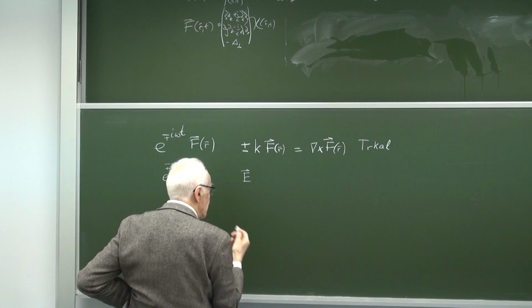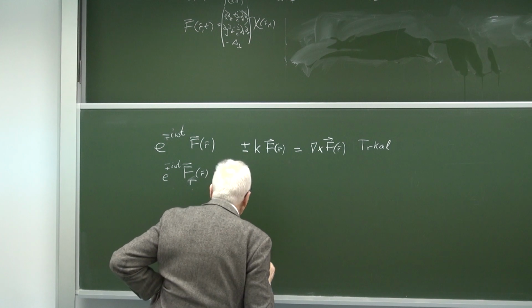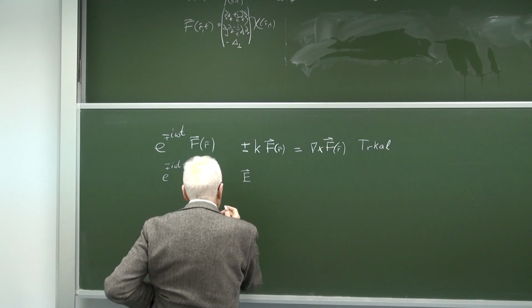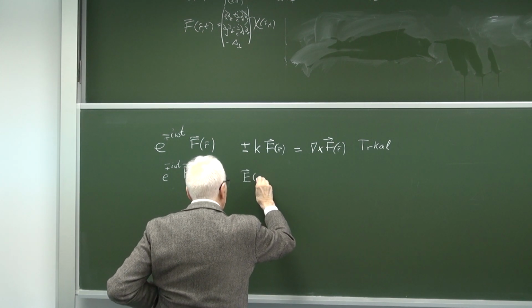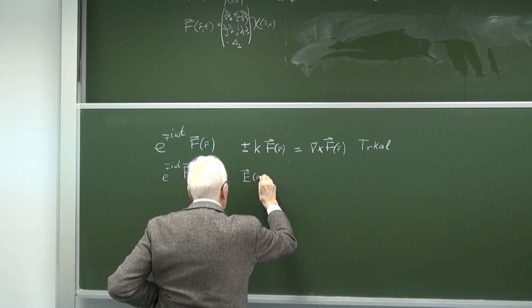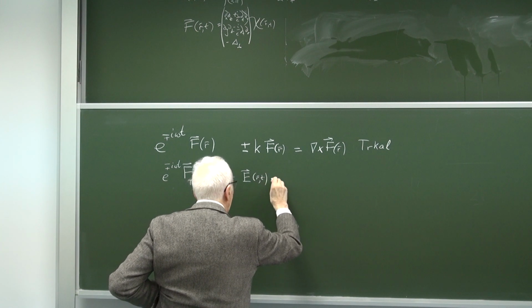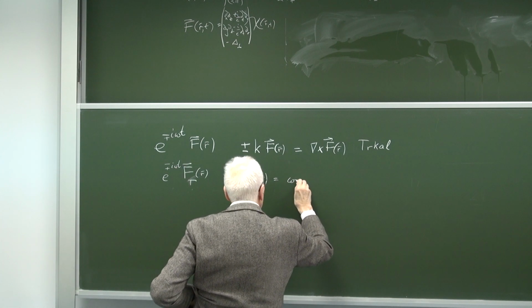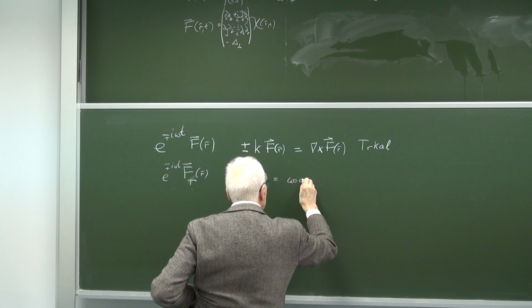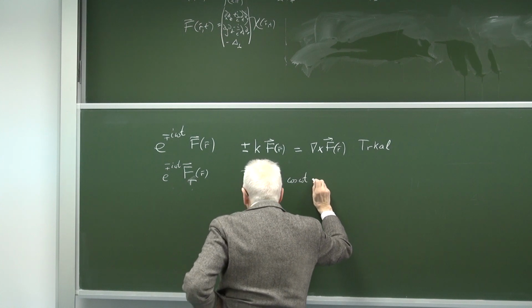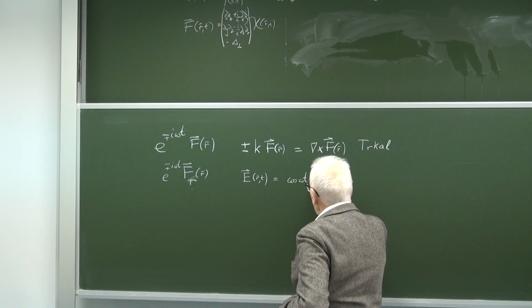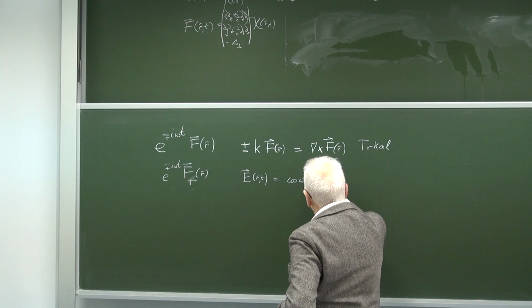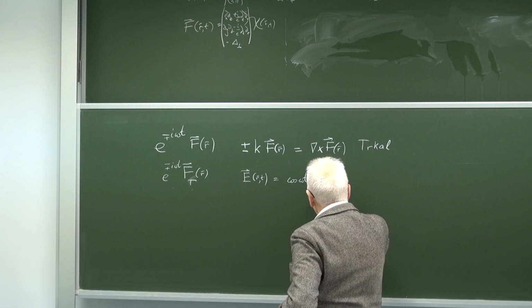I will drop also the square root of 2, which does not matter in the general case. So we have E of r and t equal to cosine omega t times the real part of the Trkal vector.